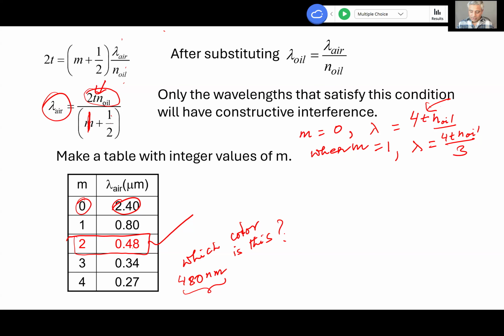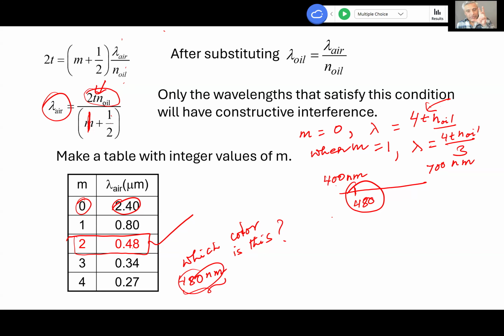The visible range goes from around 400 to 700 nanometer. If you can remember that, it's going to be handy, but you can also look at the book or search the internet. This being 480, very close to there, it looks like it's going to be blue, some shade of blue.